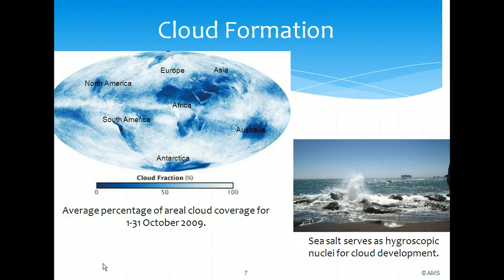Cloud formation may cover anywhere from 60 to 70% of the Earth's atmosphere on any particular day. Here's an example of a day in October 2009, and you can see that the dark blue areas are little cloud coverage, and the whiter areas are where clouds are formed, and they cover a great deal of the surface of the Earth.